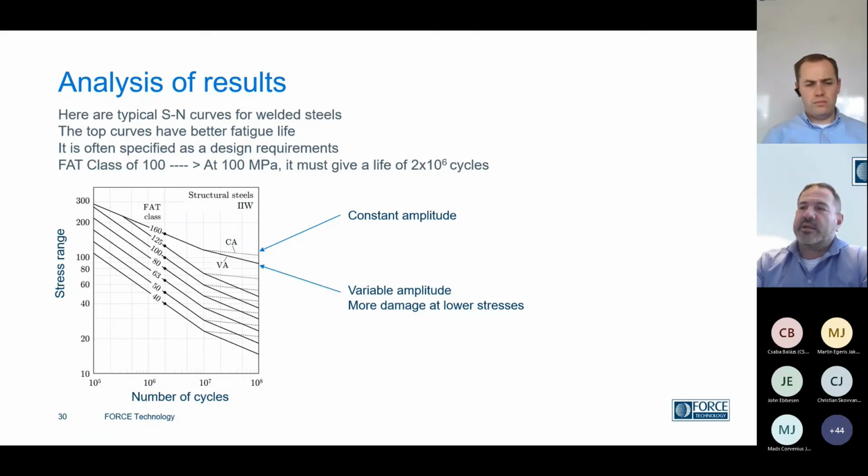And of course, it's the other way around. If it's not so critical, then the fatigue life can be less. And here they refer to it as a FAT class. So let's look at 100. What that means is at 100 megapascals, it must give a fatigue life of 2 times 10 to the power 6 cycles, or number of cycles.